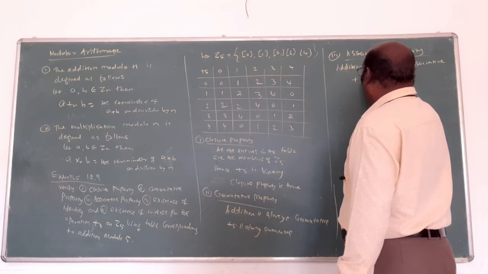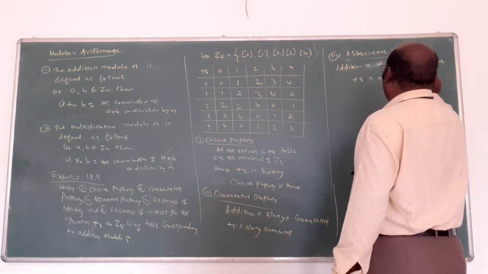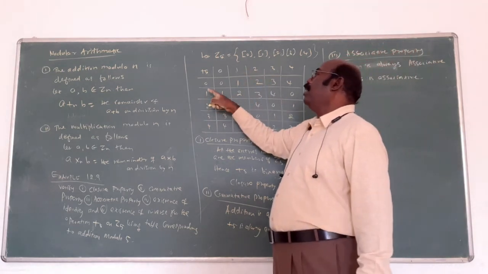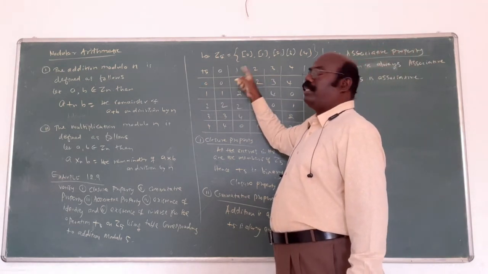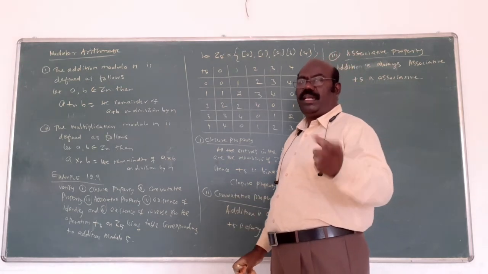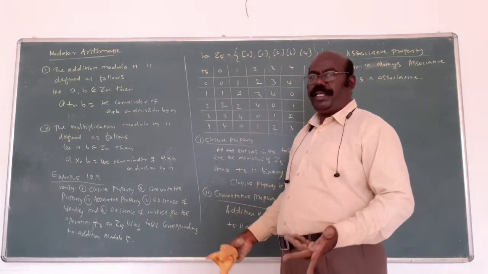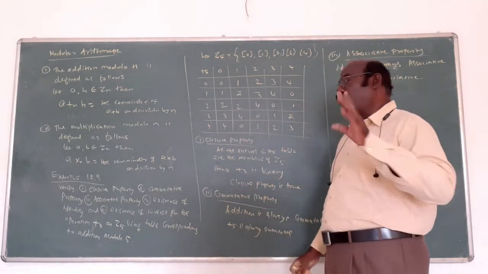Therefore, plus 5 is associative. Suppose you take 0, 1, 2: first adding 0 and 1, then adding 2, or first adding 1 and 2, then adding 0. Both will be equal, because addition is always associative.